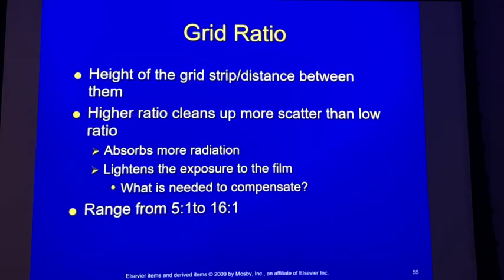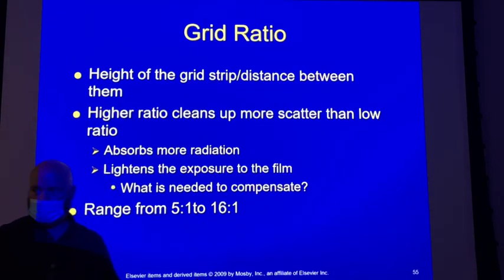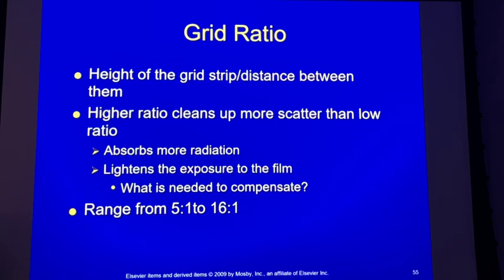All right, the common grid ratios run from 5 to 1 all the way up to 16 to 1. So the higher the first number, the more effective the grid is in absorbing scatter radiation.